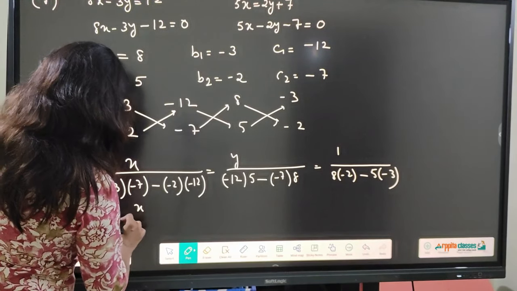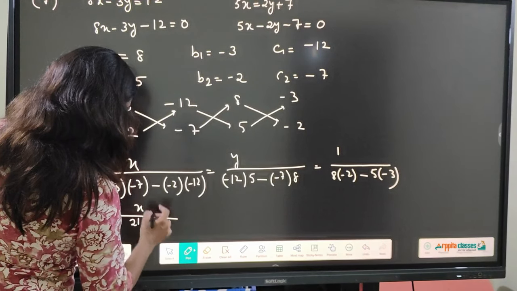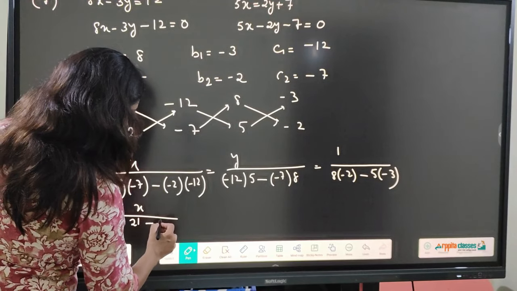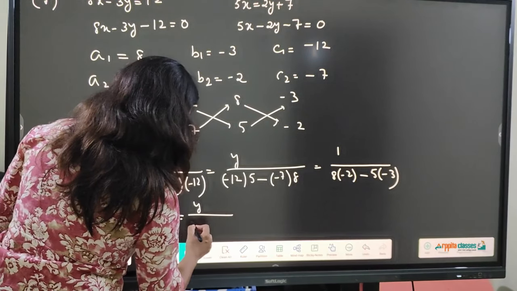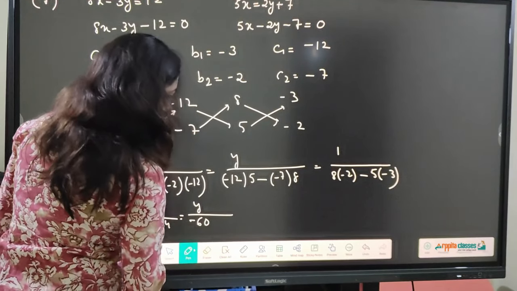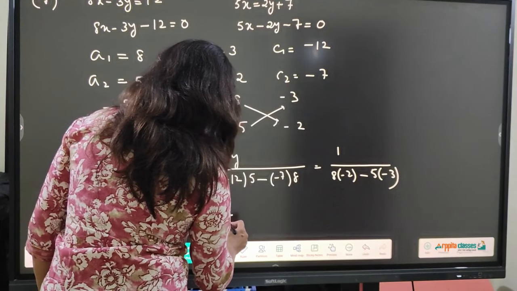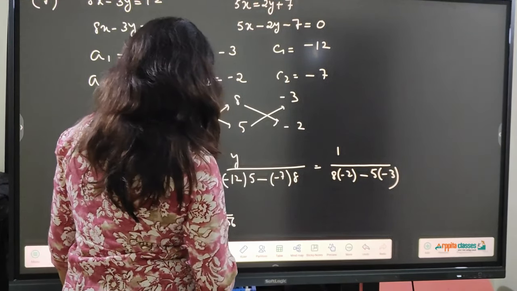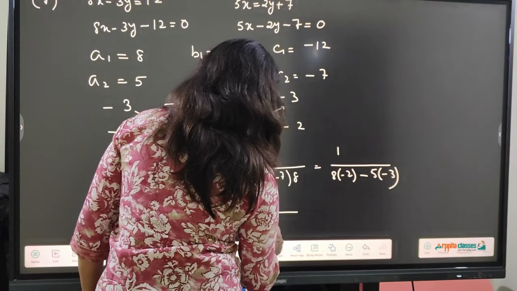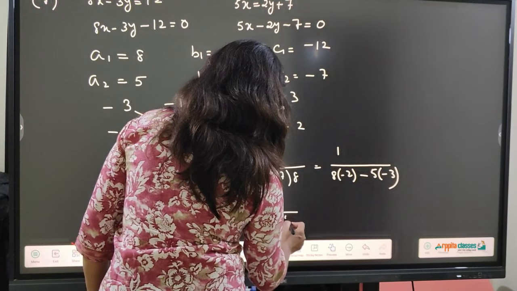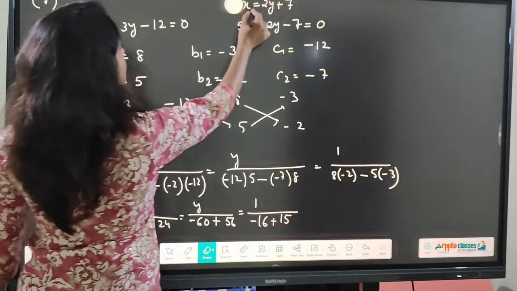This is x upon 21 minus 24. Y upon minus 60, minus and minus is plus 56, is equal to 1 upon minus 16 plus 15. So let us clear this out.